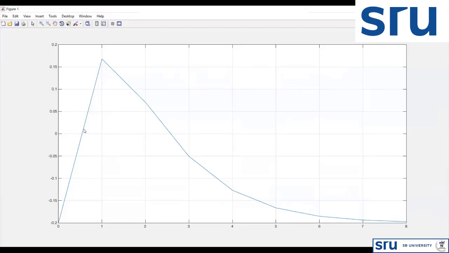Listen carefully, this is very important: how to find the initial guess value. Here the y value becomes 0, so here you have to take one initial guess value.